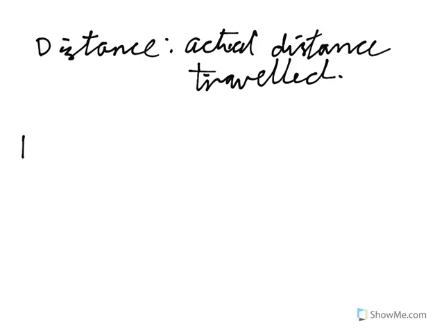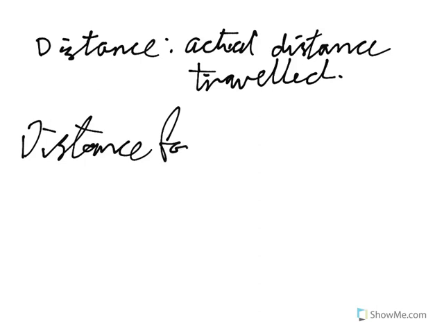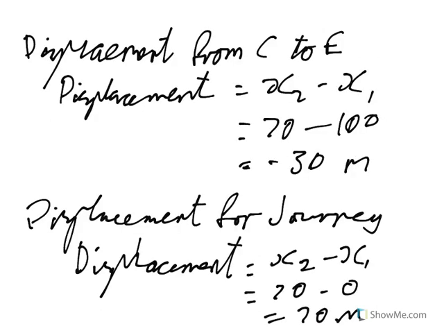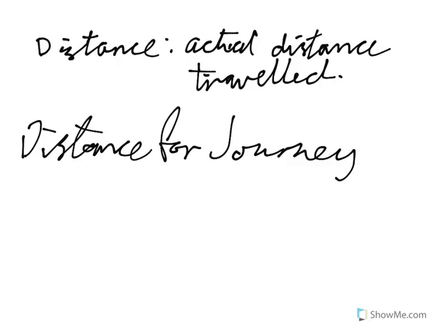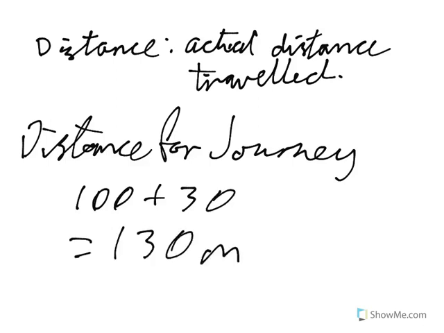So if we want to know the distance for the journey, we need to look at the fact that it's travelled from here up to there and it's come back. When it travels from here up to there, it's travelled 100 metres and then it's come back 30 metres. So my actual distance travelled is 100 plus 30 equals 130 metres. It's the actual distance travelled.